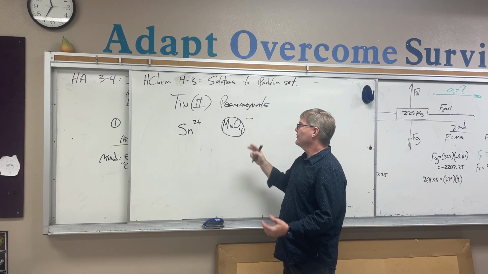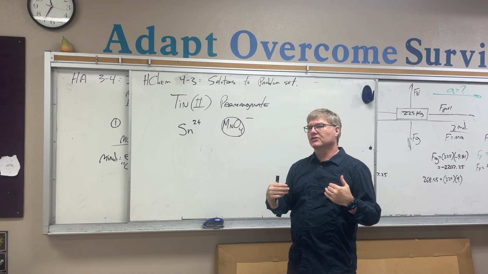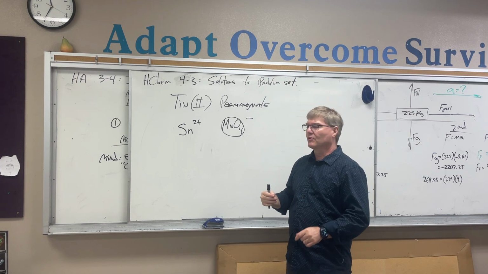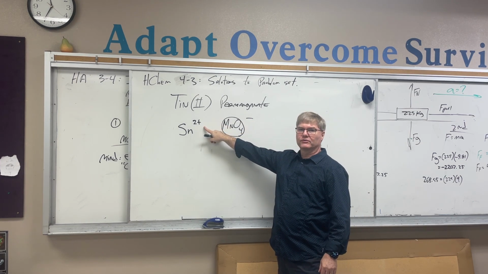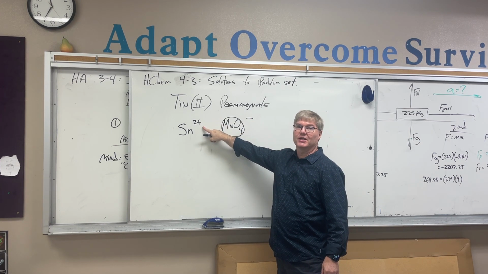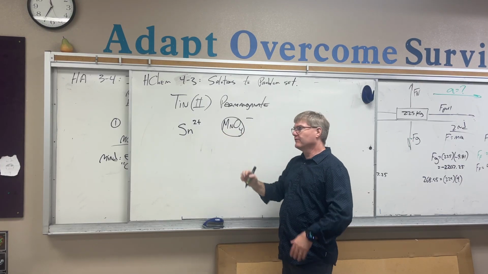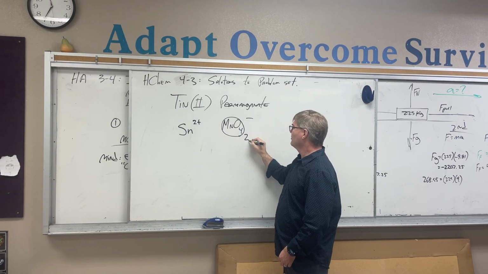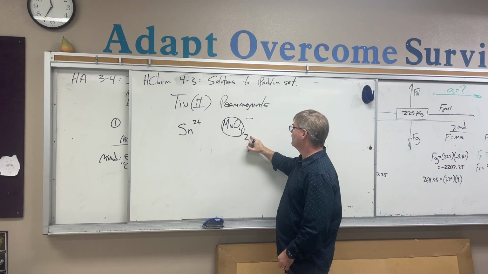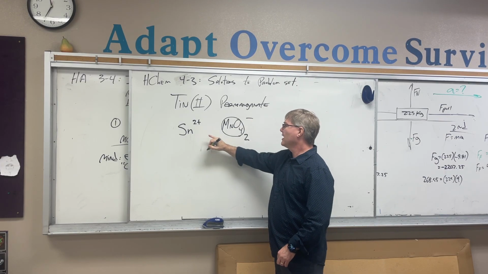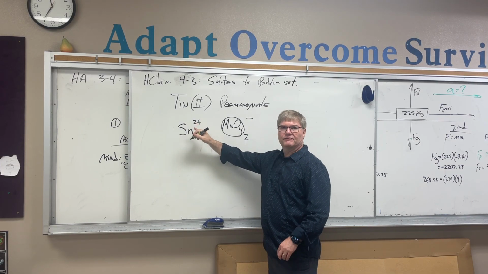All right, now when these things bond together, they will bond in such a way to get charge equivalence. Right now, we do not have charge equivalence because 2 plus is not equivalent to 1 negative. So if I were to double this, I would have 2 negatives. And if I have one of these, I would have 2 positives.